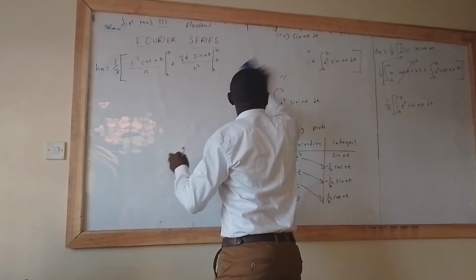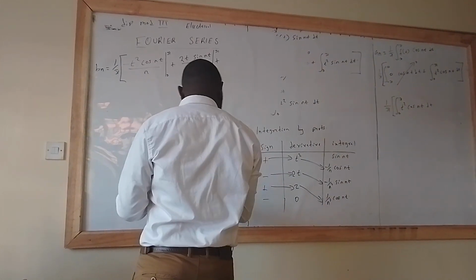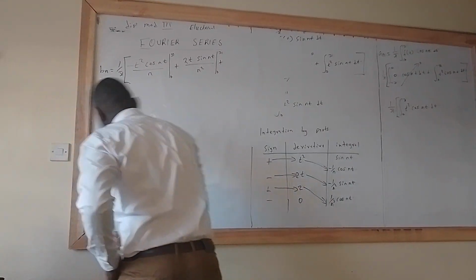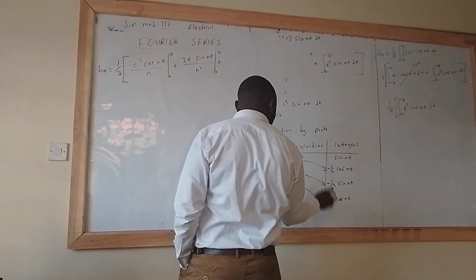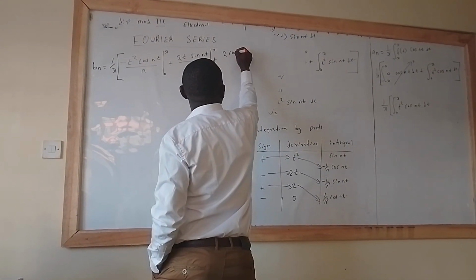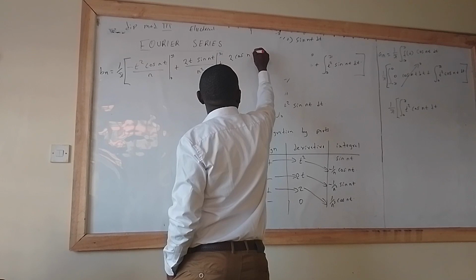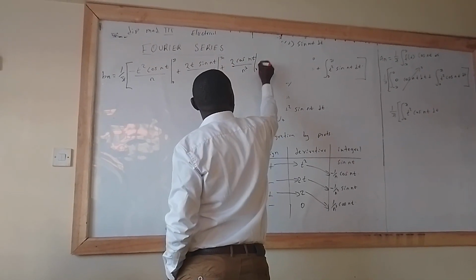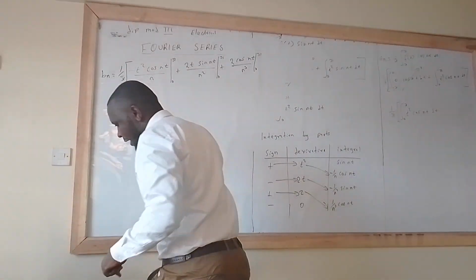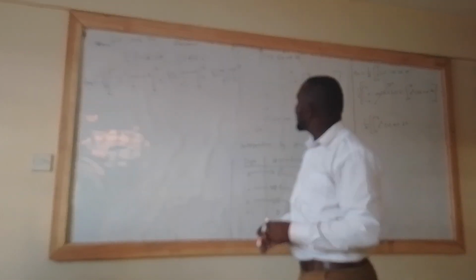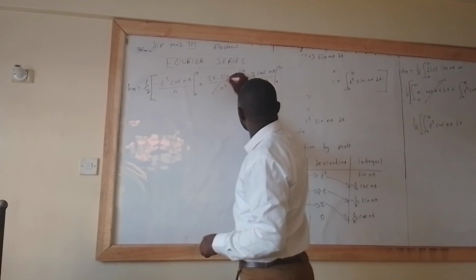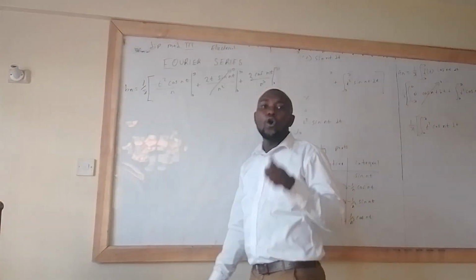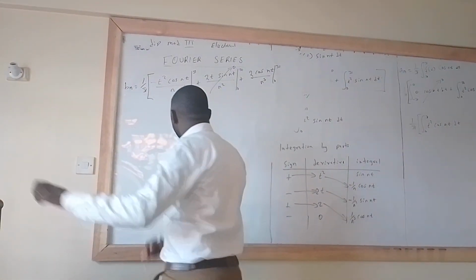Now the last one also results in a positive, so it is a plus 2 cos of nt divided by n power 3 in the range of 0 to pi. So where do we have sine? This one will approach 0 confidently.